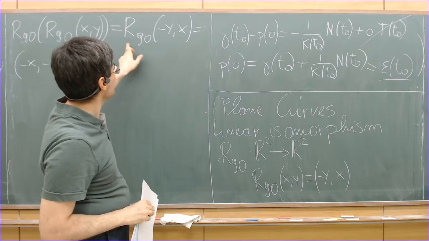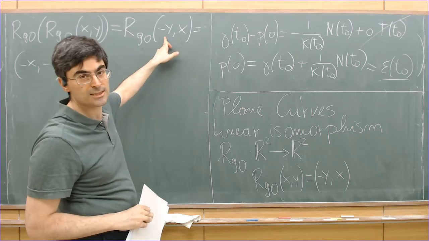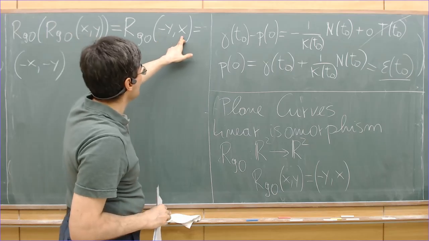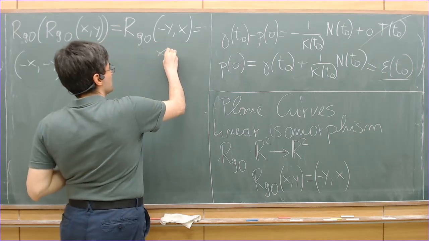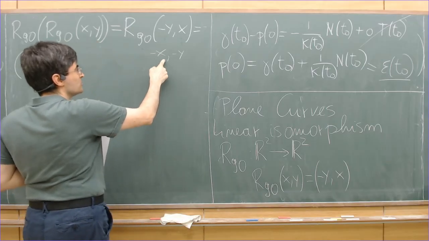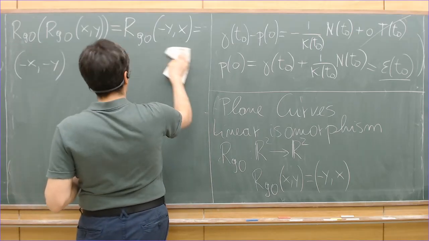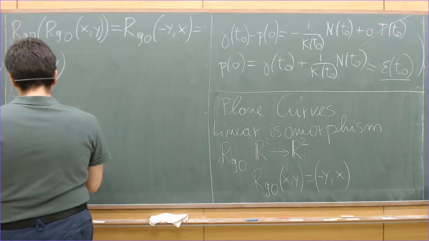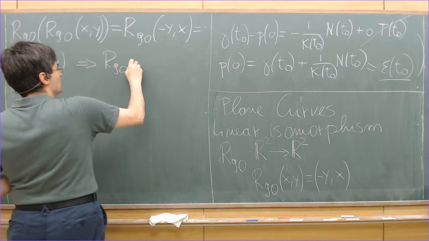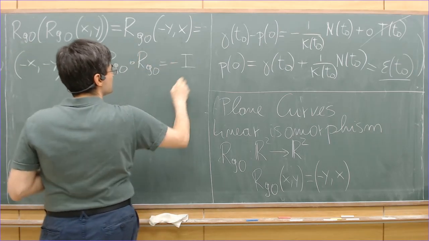This is because R90 exchanges the components of a vector and changes the sign of the first component. So minus y, x becomes x, minus y, and then if we change the sign of the first component, we get minus x, minus y. So the conclusion is that R90 composed with R90 is minus the identity.